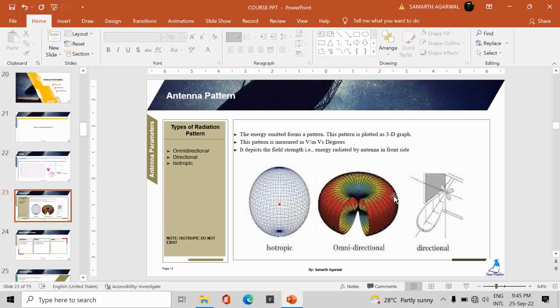So this antenna pattern or radiation pattern can be plotted in a 3D graph as well, like 3D gain, 3D directivity, which I guess you might have heard. This pattern is measured in volt per meter versus degrees, and this antenna pattern also depicts the field strength of your antenna.